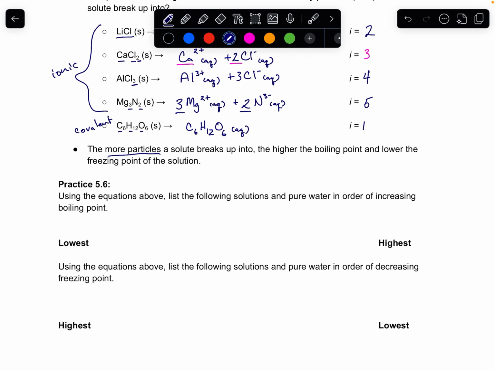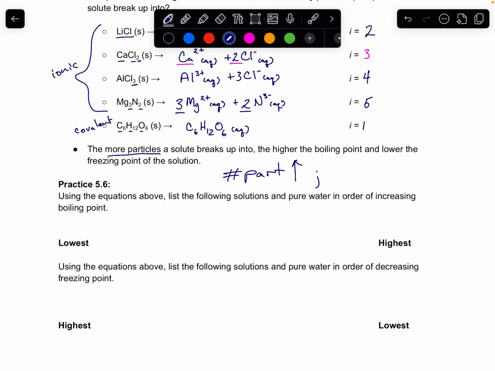Okay, so what we might see here is something like question 5.6. Okay, using those substances above, list the following solutions and pure water in order of increasing boiling point.